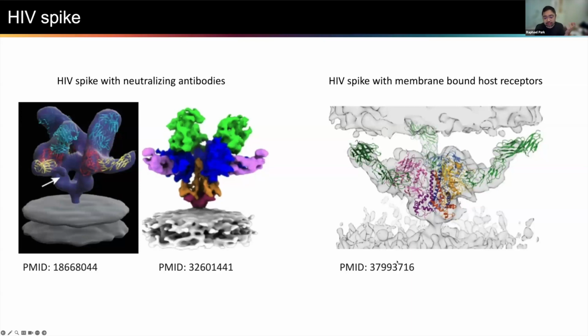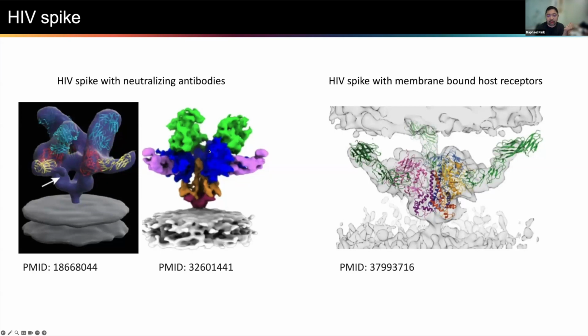Like I mentioned, virus is another popular specimen of cryo-ET. So in the study of HIV spike protein, cryo-ET has been used quite routinely. The left is the first ever structure of HIV spike on the surface of virus.